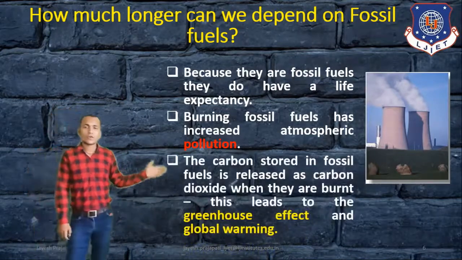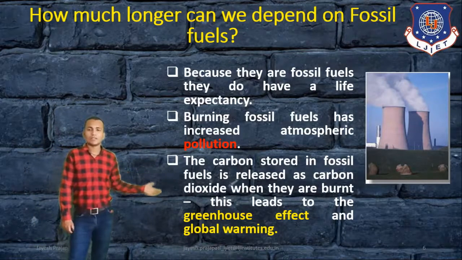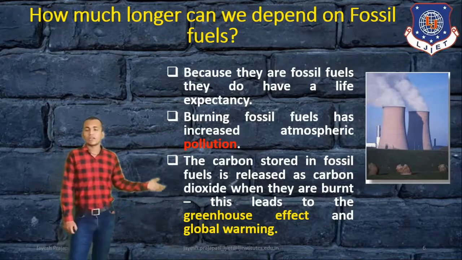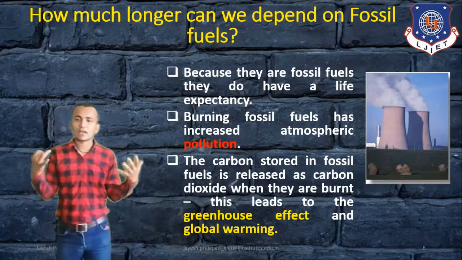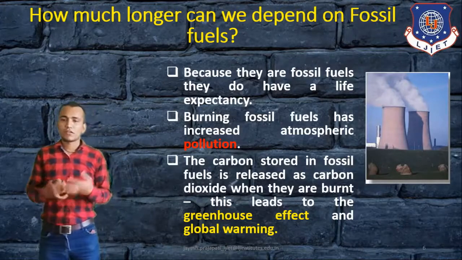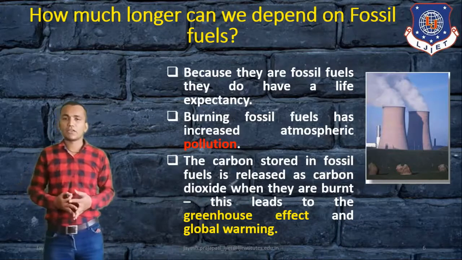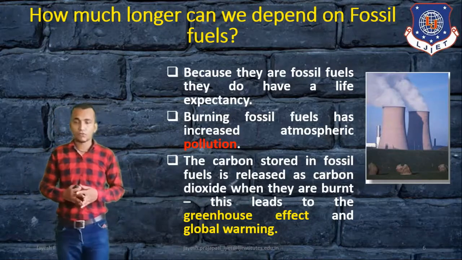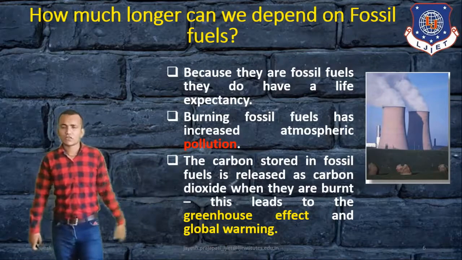The carbon stored in the fuel is released as carbon dioxide when they burn. This leads to the greenhouse effect and global warming. We know these are very critical conditions whenever we use this kind of fossil fuel. So this is a basic introduction.